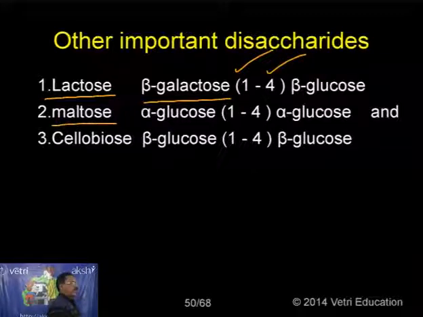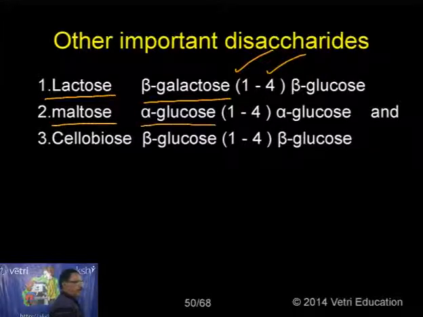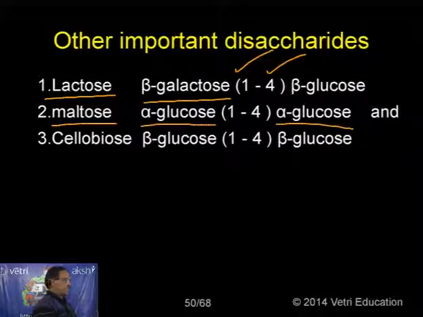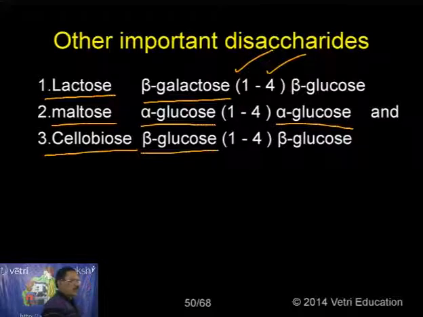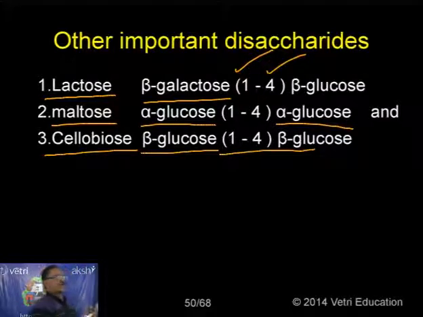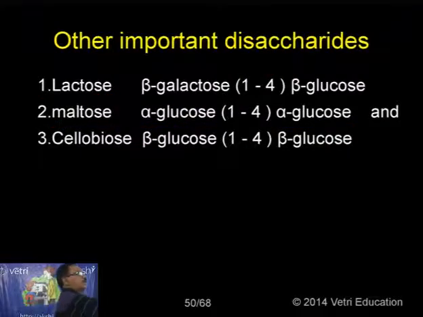Maltose, another disaccharide. Again alpha glucose, and there is again alpha glucose. That means in both cases, the C1 and C4 of alpha D glucose are connected, we'll call it maltose. Coming to cellobiose, it is beta D glucose in both cases, and C1 and C4 are connected. If you want, you can see the structures here.